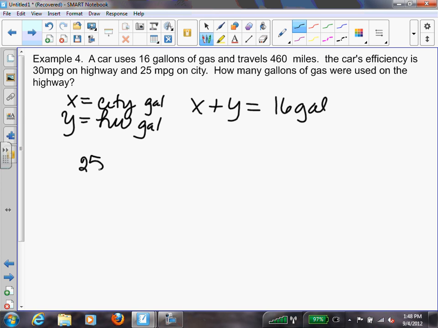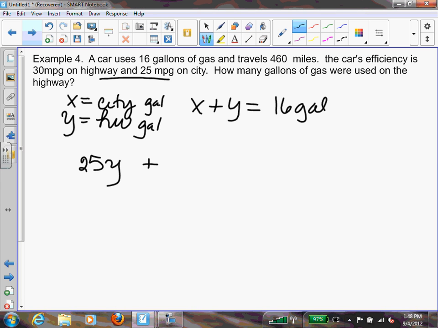So we're going to go. 25 is on the highway, correct? I'm going to say 25 times Y, right? 25 miles per gallon for however many gallons.